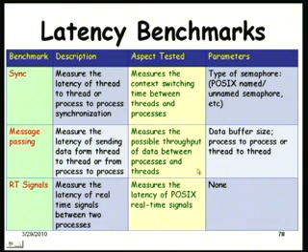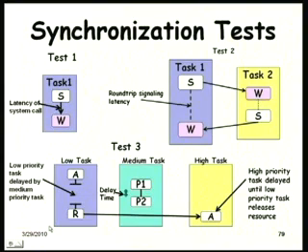And here the important parameters that we need to consider are the size of the data buffer size, and then the real time signals, which measure the latency of the signal once a signal is generated by one task. How much time does it take for the signal to get reported at the recipient? So, these are the three tests that we will discuss.